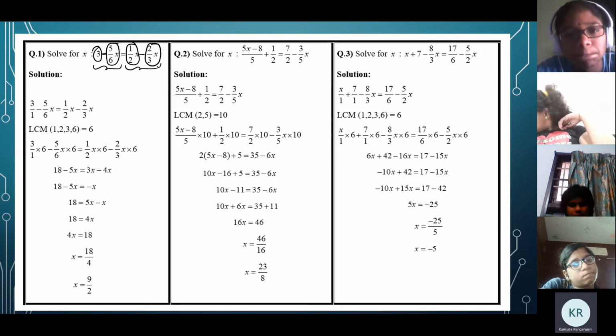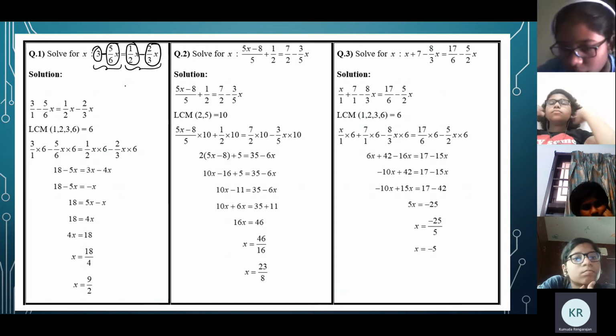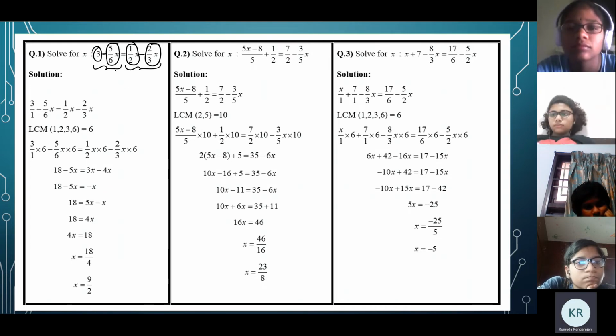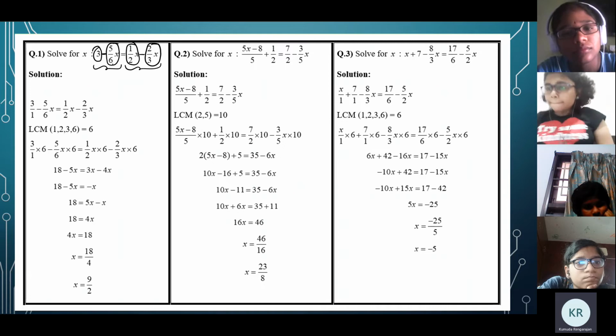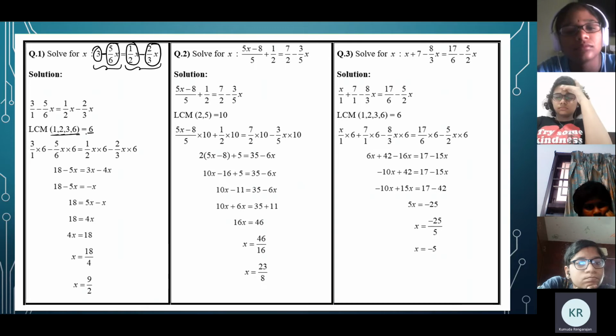So you can see I've circled 4 terms. In the equation, there are 4 terms. We noted the denominators in all the 4 terms. They are 1, 2, 3, and 6. And we found the LCM of the denominators, which is 6.